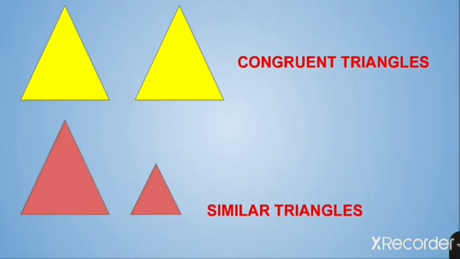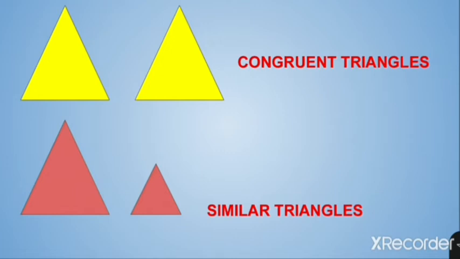Now let's compare congruency and similarity. We have studied in the earlier standard about congruency. I have specifically taken the examples with triangles as we are going to study about triangles in this lesson. Now when we say congruent triangles, you can see that the shape and the size of congruent triangles are same.